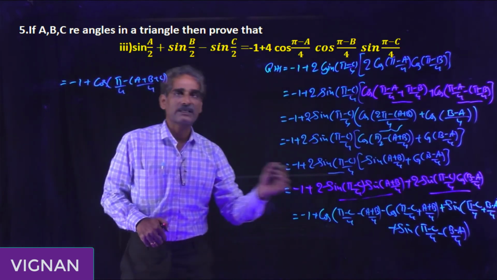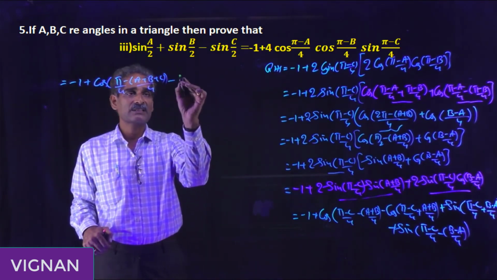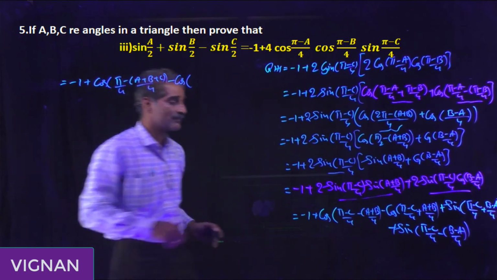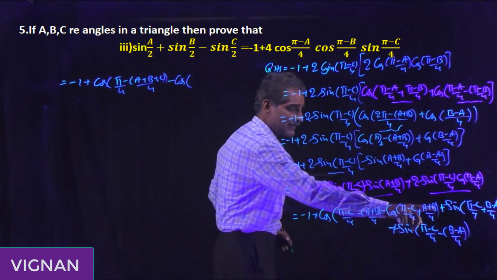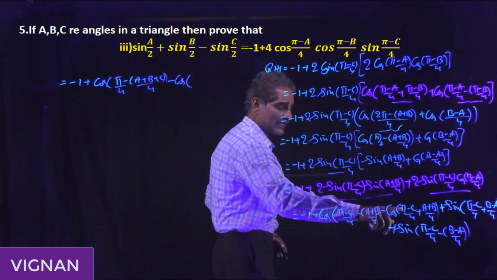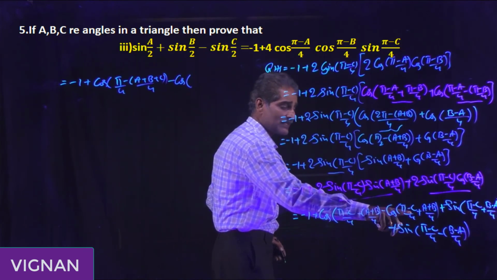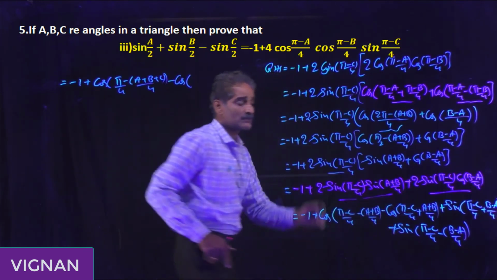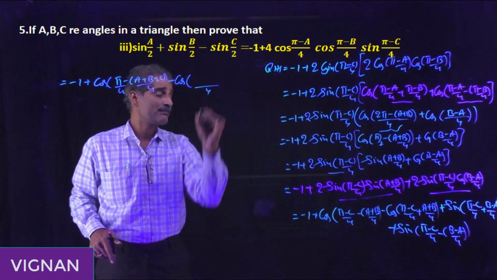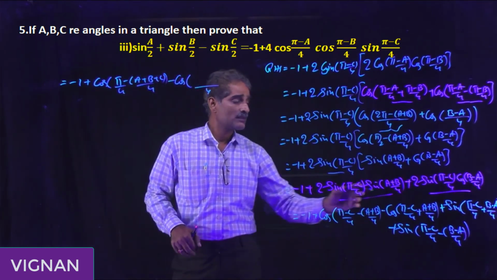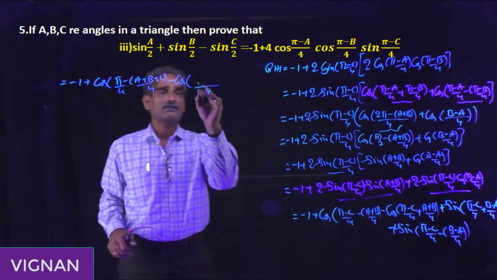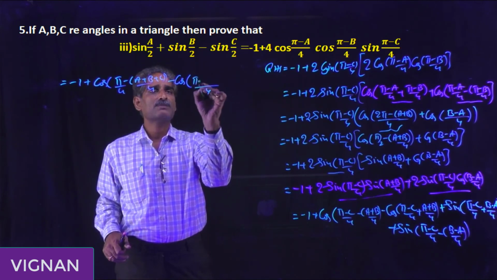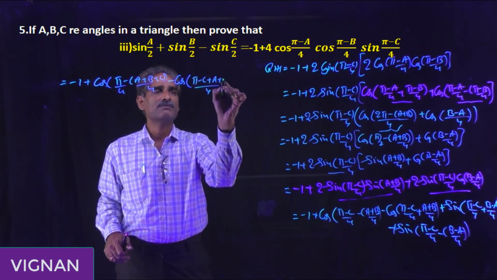Next one, minus cos of plus A plus B. Here we can write (pi minus C plus A plus B), just the LCM is the same.